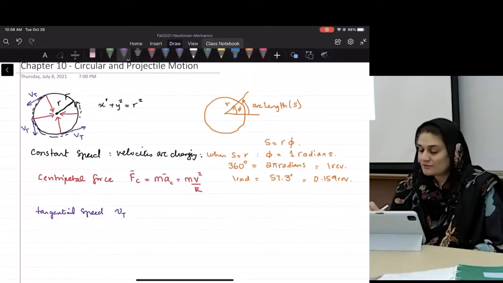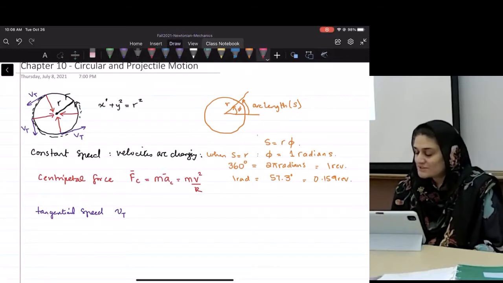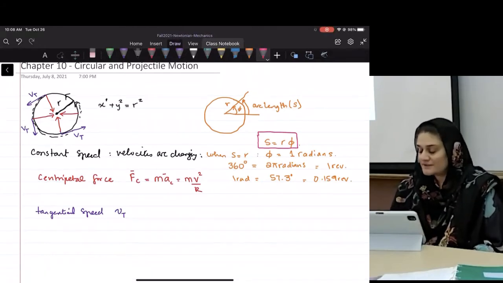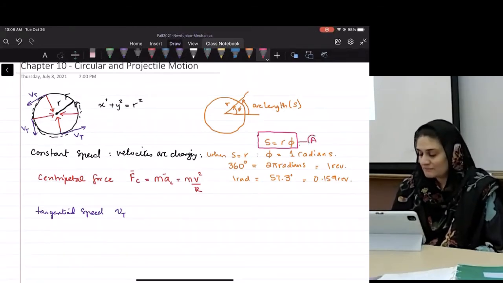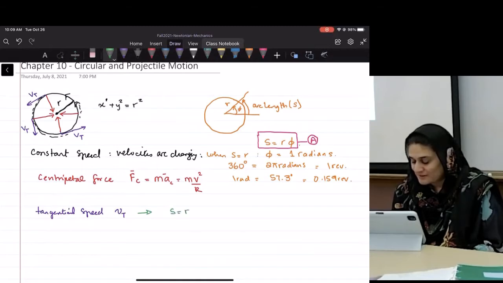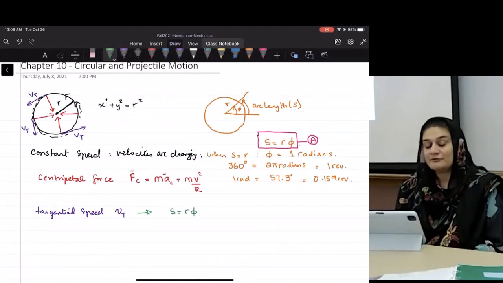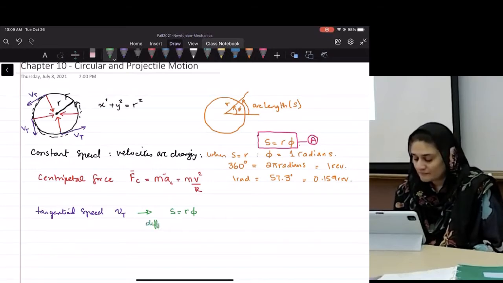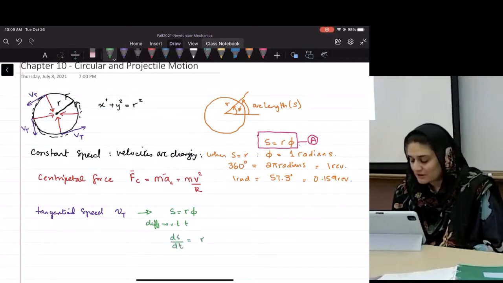So note this carefully. We wrote S equals R phi. If I take the derivative of this equation, S equals R phi, and I differentiate with respect to t, I will get ds over dt equals r d phi over dt.